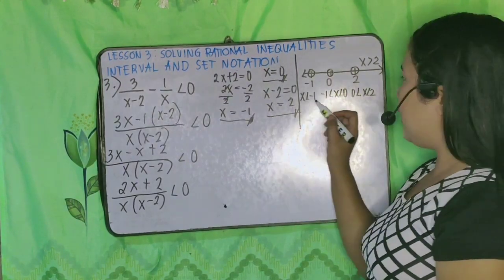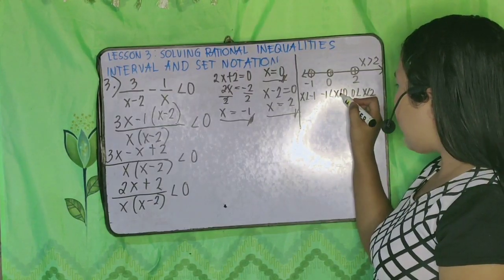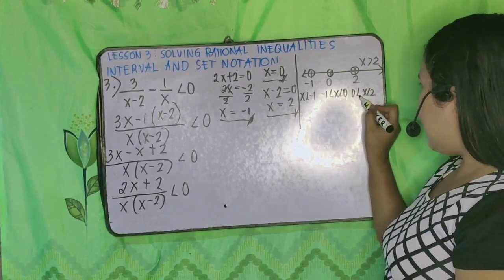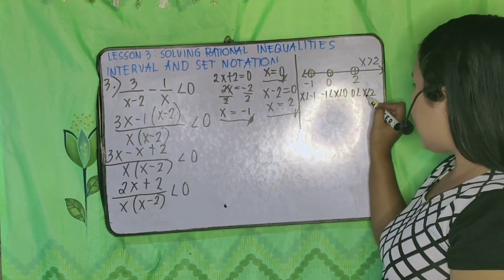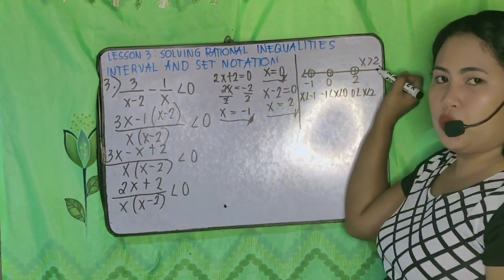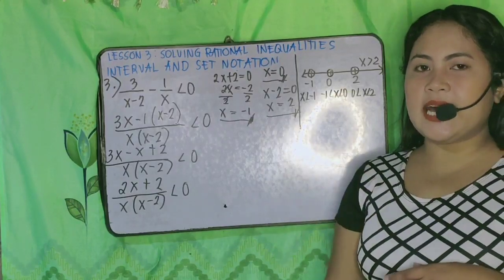Then negative 1 is less than x, x is less than 0. Then 0 is less than x, x is less than 2. And lastly, x is greater than 2. So, ito po yung gagamitin natin na 4 intervals sa pagkuha po ng sign table.